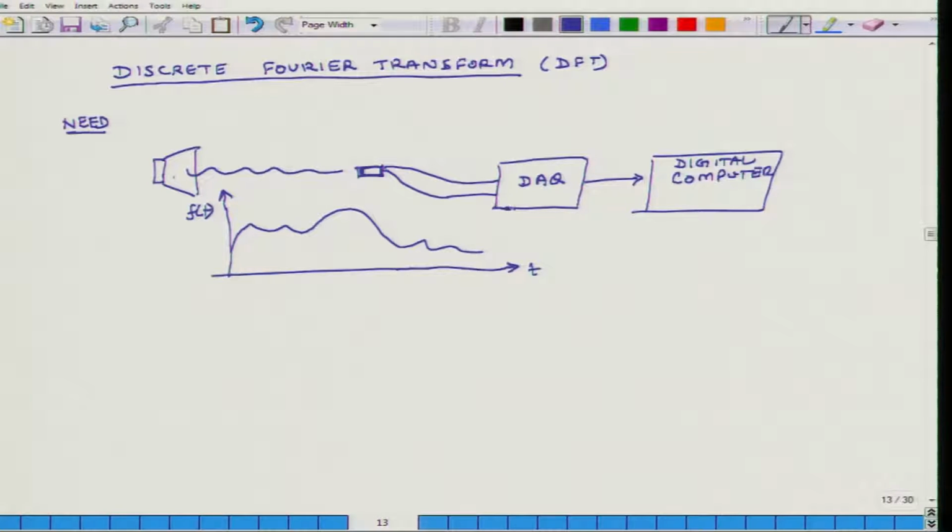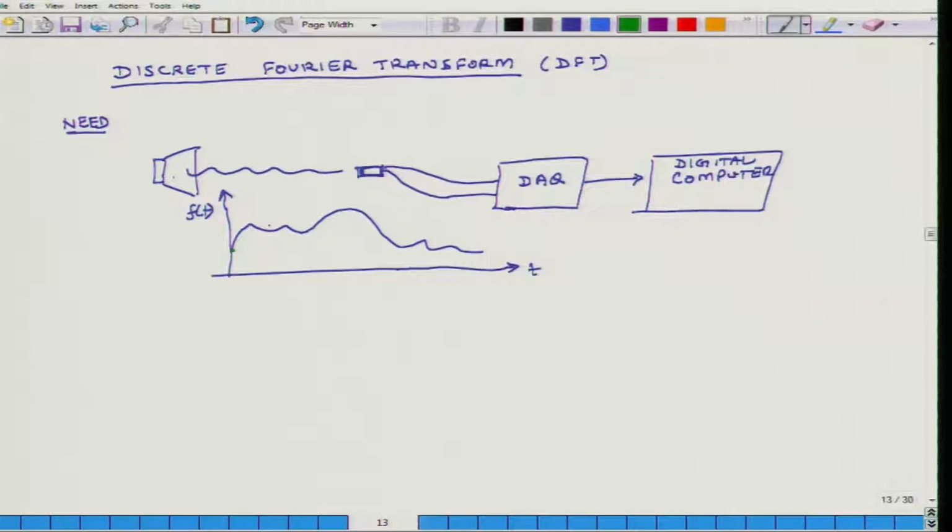But most of the modern data acquisition systems and digital computers combined do not capture a continuous signal, rather they capture data at every small interval of time. So, the computer does not capture this blue curve, rather it measures the value of the signal at discrete intervals of time.